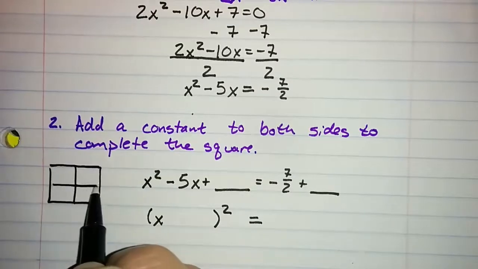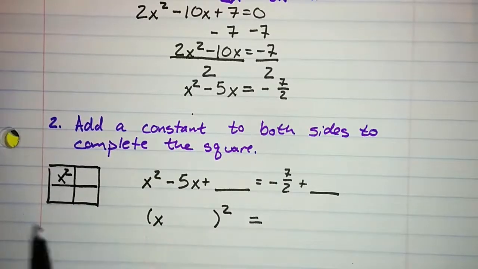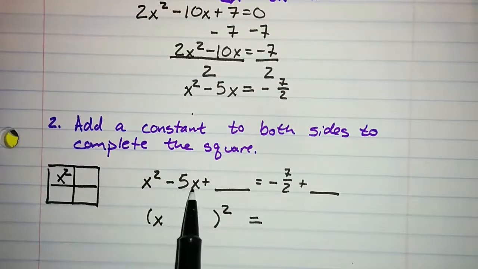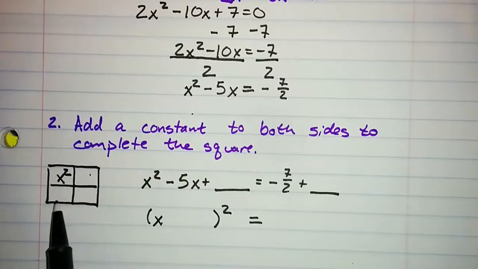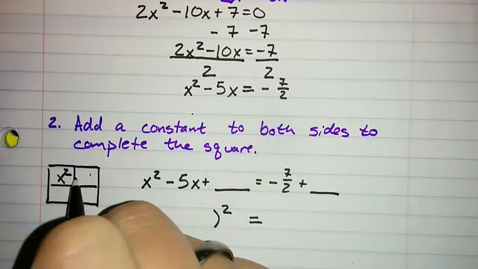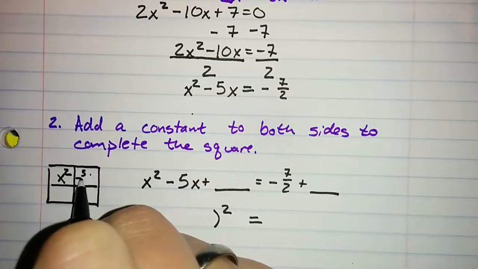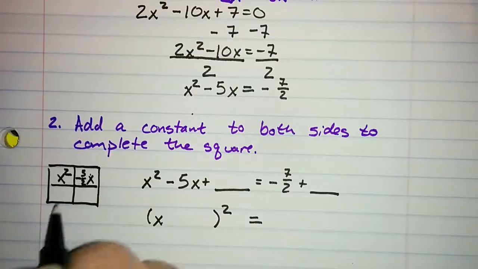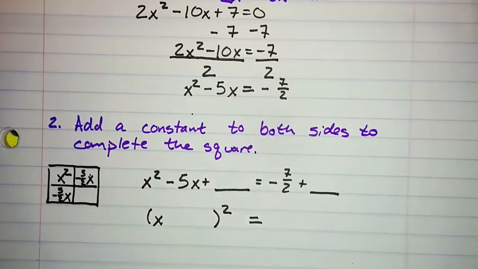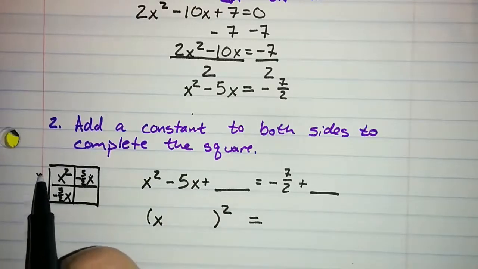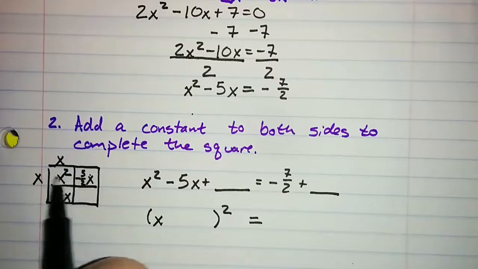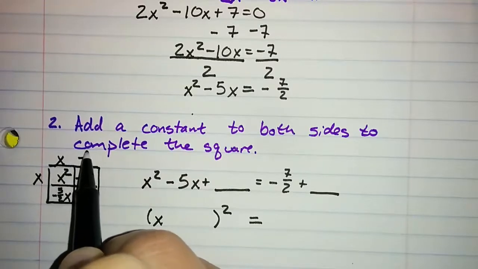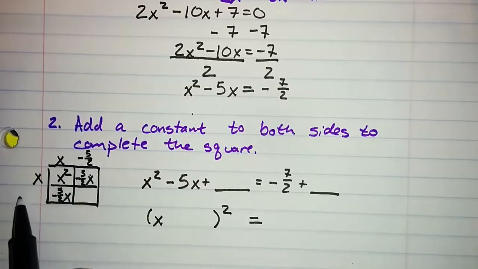Well, we'll have our x squared. We'll split our negative 5x evenly between these two boxes. I see negative 5 halves x in each box. So this box is x by x. This one will be x by negative 5 halves.